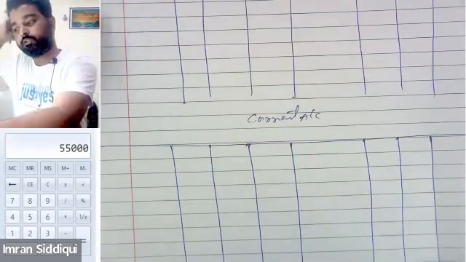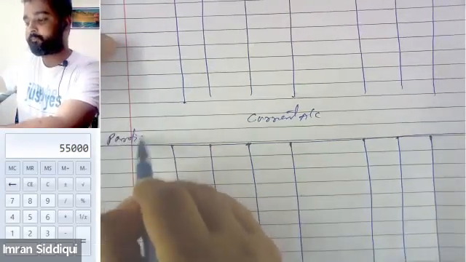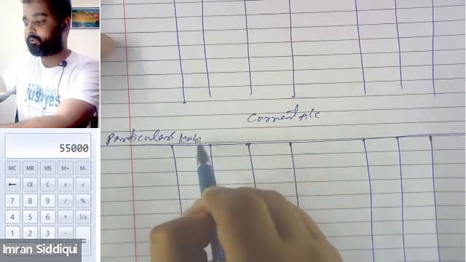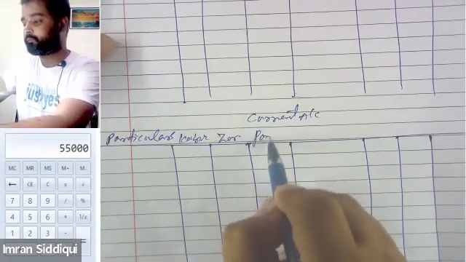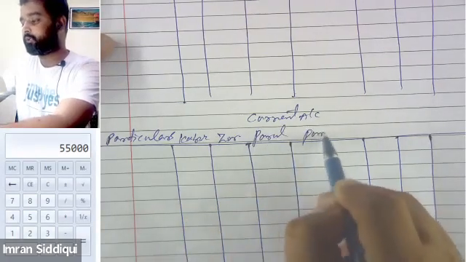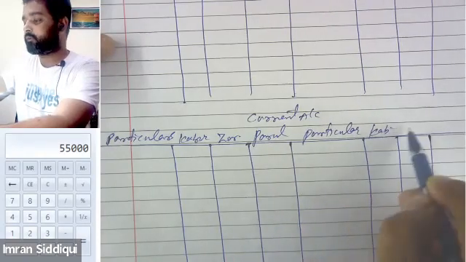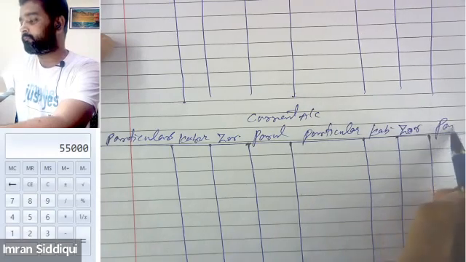Is this clear? These are the particulars: Kabir, Zoravar, Parul. Then again particulars: Kabir, Zoravar, and Parul.